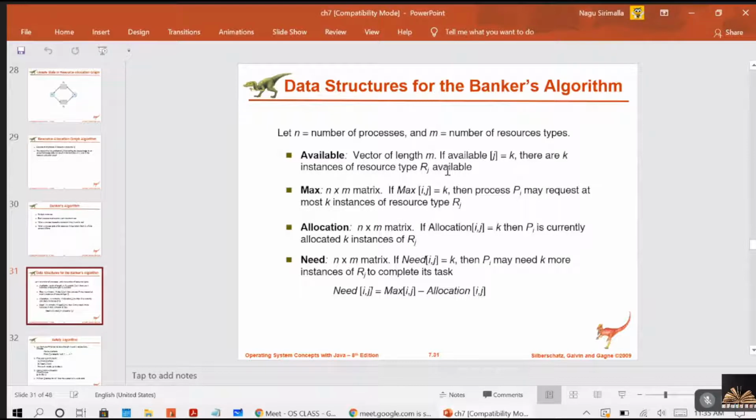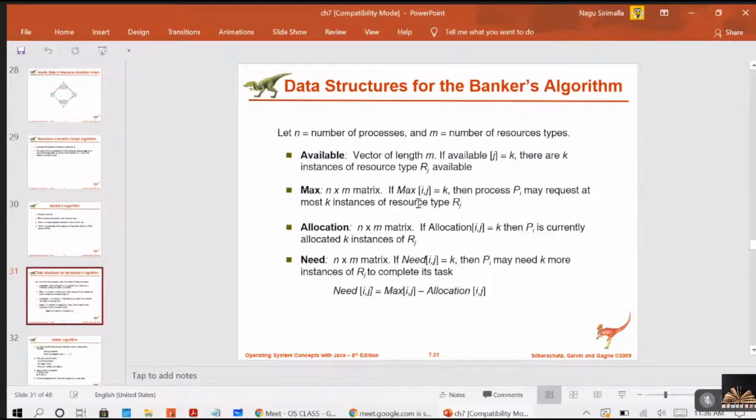Then coming to the Max. Max is an n by m matrix that defines the maximum demand of each process.